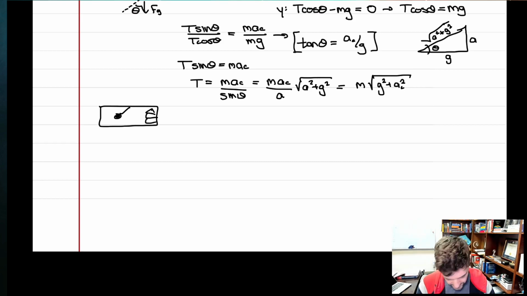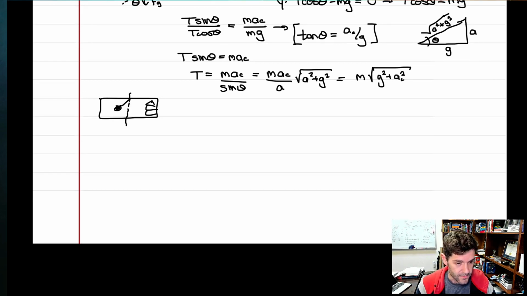Now in the car's frame, they think that there are two forces acting on the thing, so they can still find the real forces. There's still gravity and there's still tension.